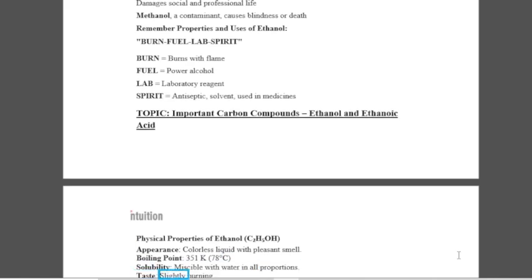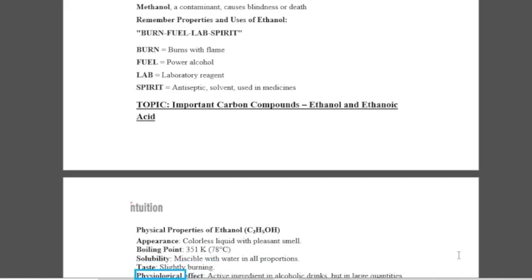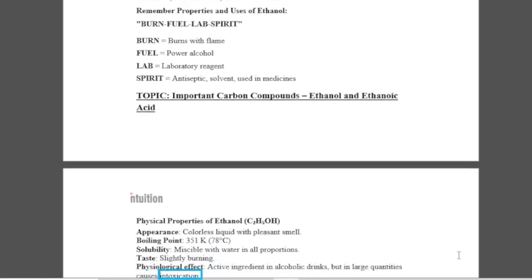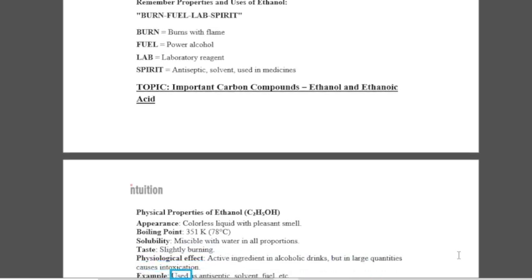Taste: slightly burning. Physiological effect: active ingredient in alcoholic drinks, but in large quantities causes intoxication. Example: used as antiseptic, solvent, fuel, etc.